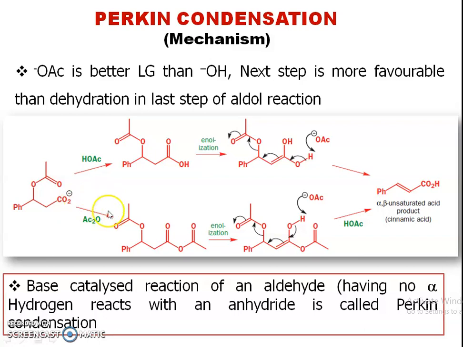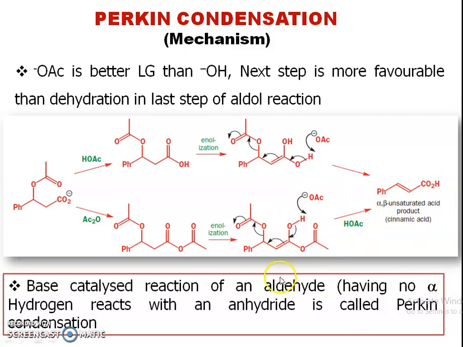The second route is also okay for this mechanism. If you use acid anhydride instead of acid, you get anhydride. The same enolization occurs, and finally this acetate group is removed from this compound and you get the unsaturated product.